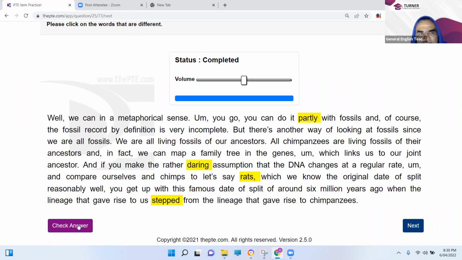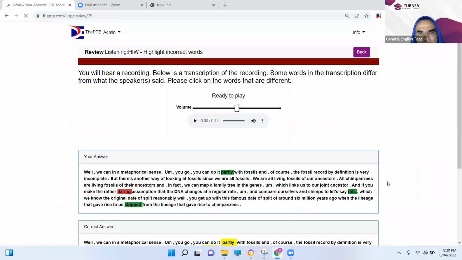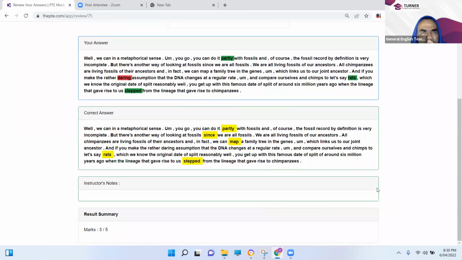Okay, let's check. It was, we can map, we can draw a family tree. Map, it was the map, not the daring assumption. Yeah. Because I was writing only. Yes, very good.